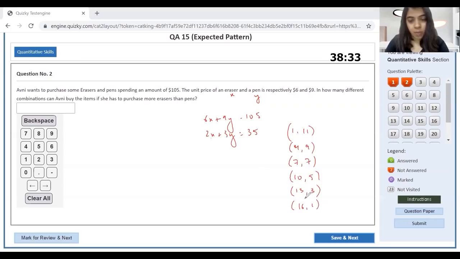So what are they asking? If she has to purchase more erasers than pens, what are the possibilities? 1, 2, 3. We have 3 possibilities, right?